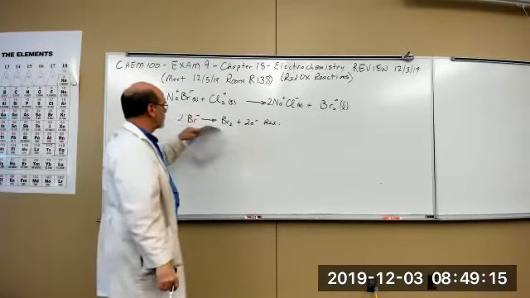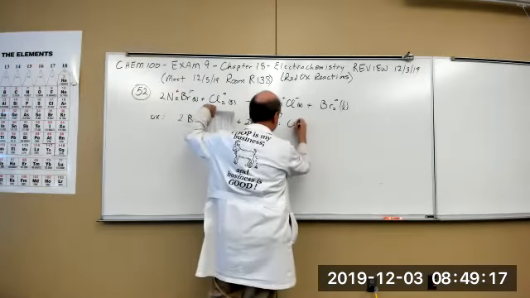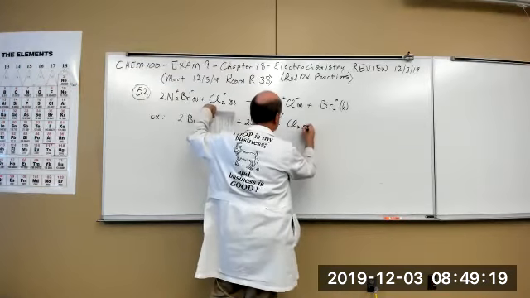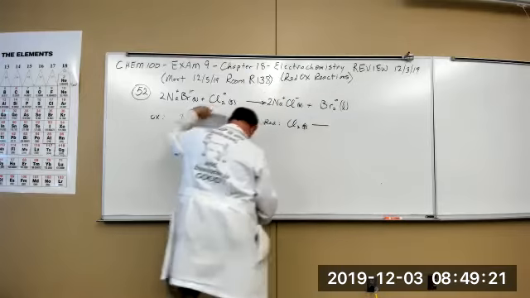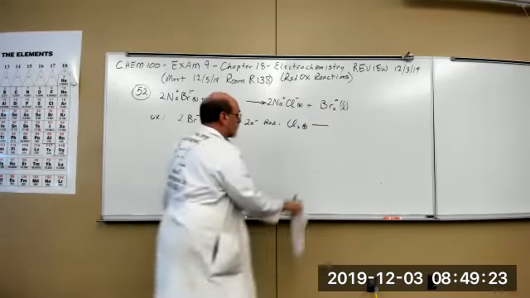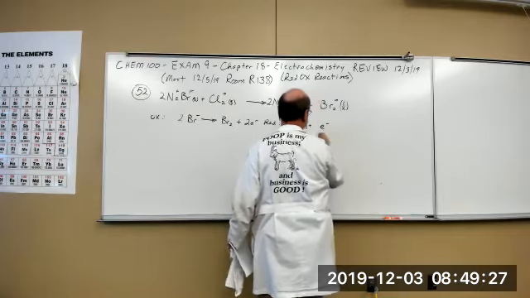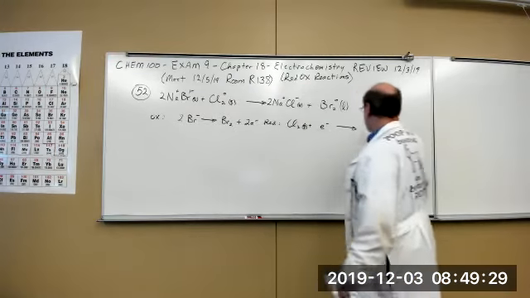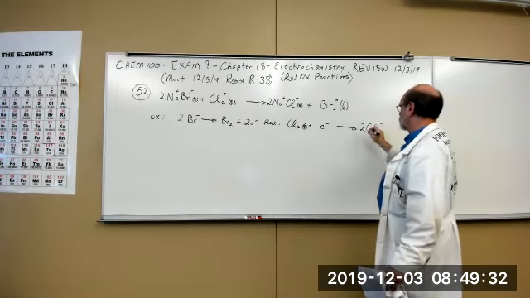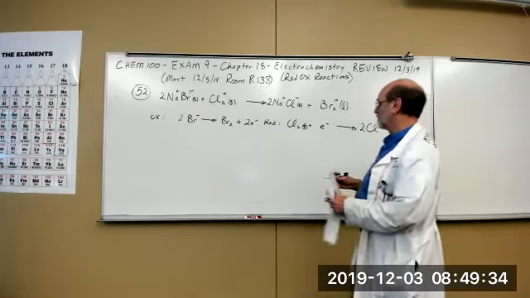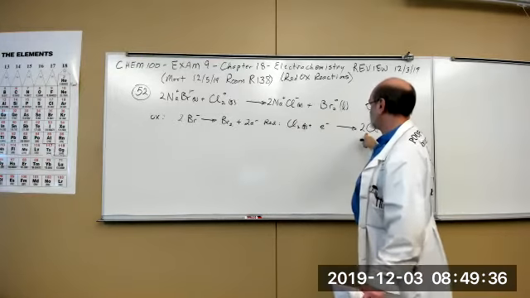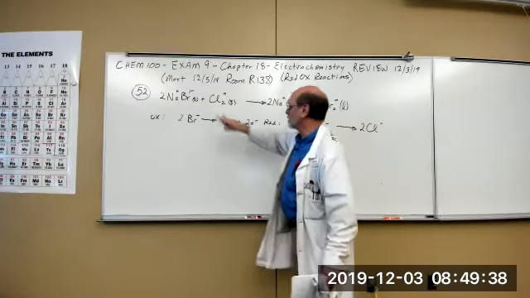The reduction side is the chlorine. Actually, since it's reduction, we have to add electrons. And then we end up with 2 chlorides, right? 2 chlorides from chlorine.